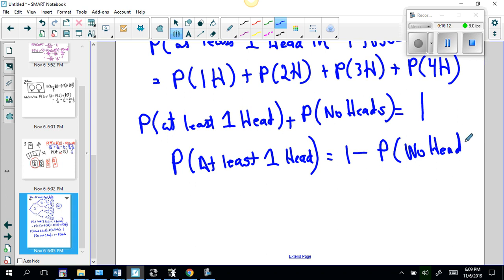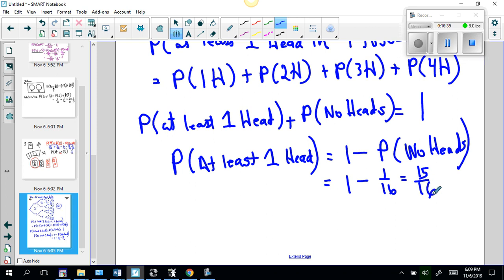And that's exactly what I was saying. What I'm getting at is I know the answer to the problem is 1 minus tail, tail, tail, tail, 1 out of 16, and that's going to be 15 over 16.